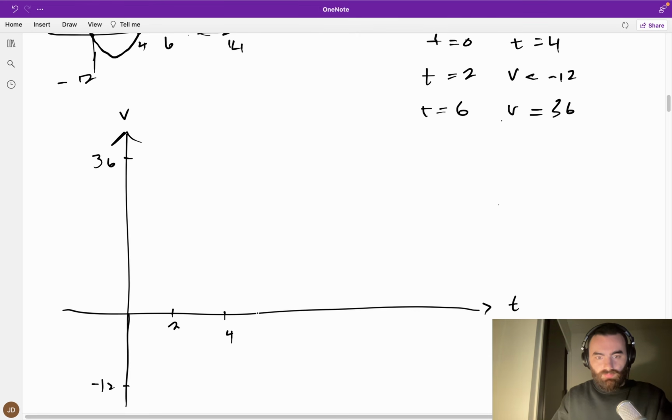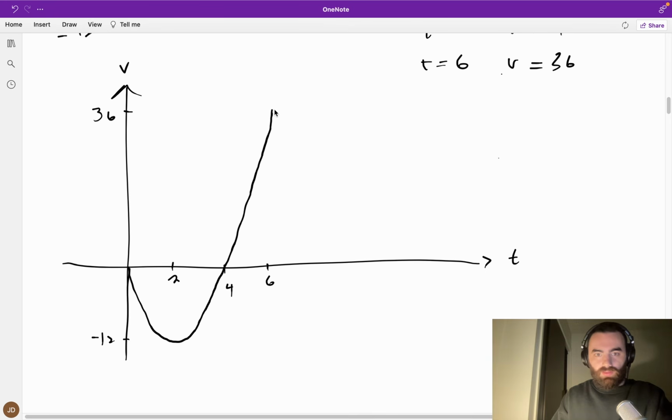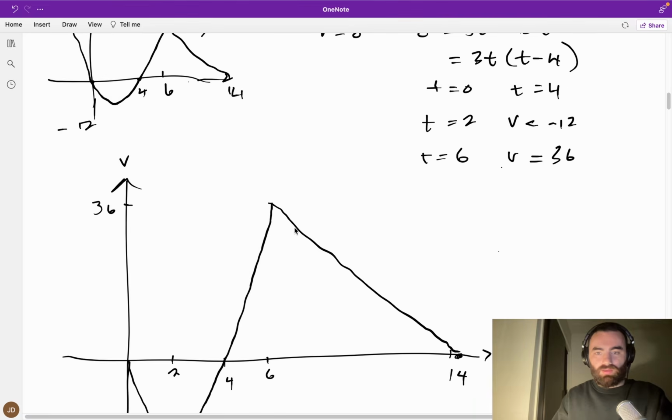Let's say this is 6 here. So this thing will start from here, go down to minus 12 and up to 36 roughly. And then let's say this is 14. Then it will come down here with a straight line to 14. Apologies for the bad drawing, but you get the idea.